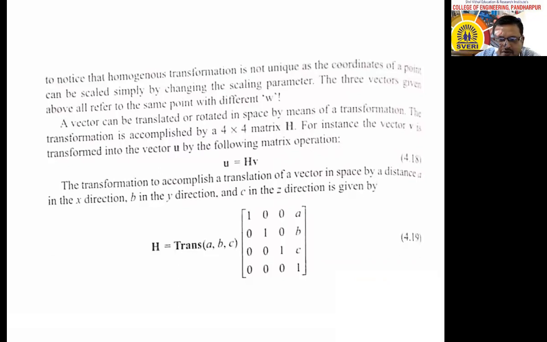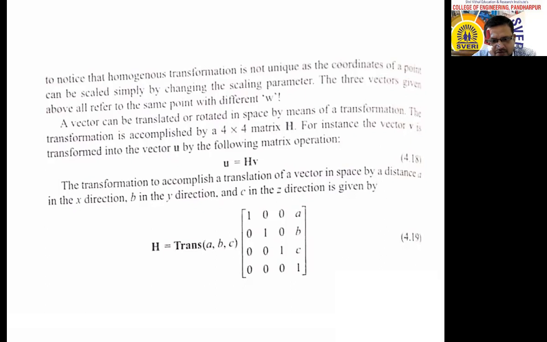Note that the homogeneous transformation is not unique, as the coordinates of a point can be scaled simply by changing the scaling parameter. The 3 vectors given above all refer to the same point with different W. A vector can be translated or rotated in space by means of a transformation. The transformation is accomplished by a 4x4 matrix H. For instance, the vector V is transformed into the vector U by the following matrix operation: U is equal to HV.